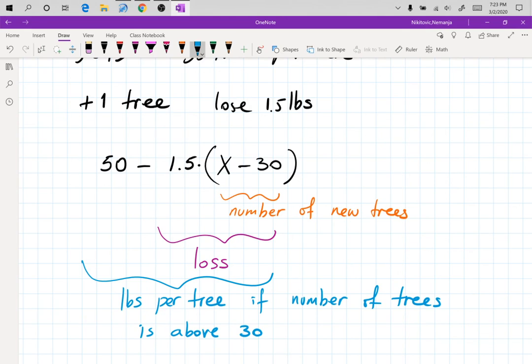Now, you can calculate that because if you stick 34 in here, 34 trees, 34 minus 30 would be 4, times 1.5 is 6, 50 minus 6 is 44. So the yield would be equal to this equation, and the yield is pounds per tree.